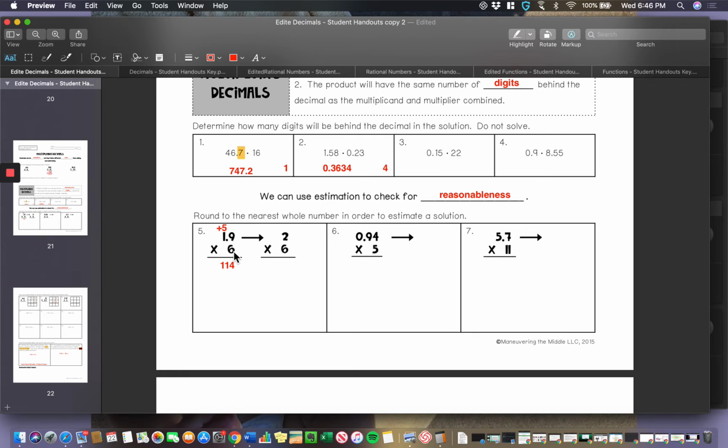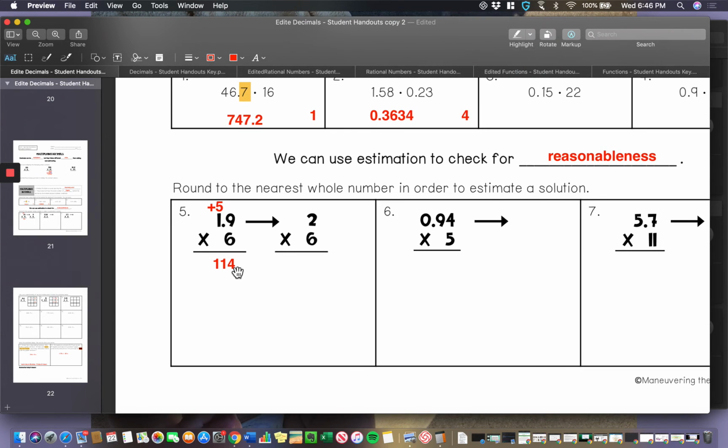All right. So now I've completed the problem. How many decimal places are there? Well, there is only one decimal place, and it's this 9 right here. So because there's only one of these, that means I only have one decimal point.